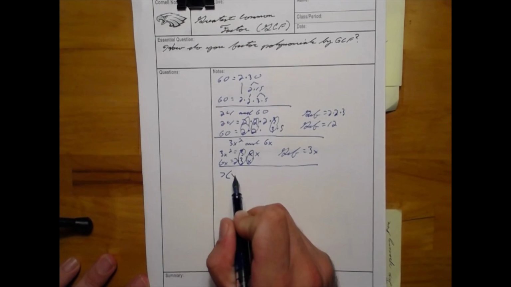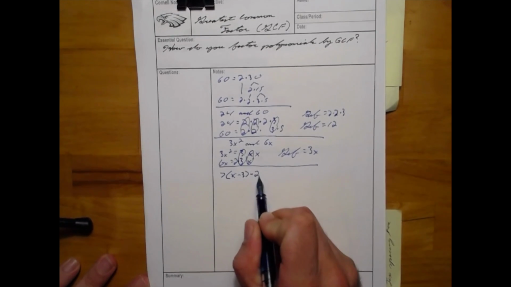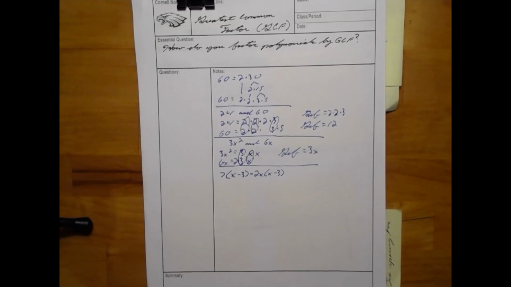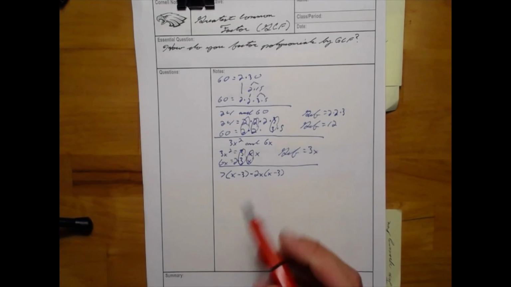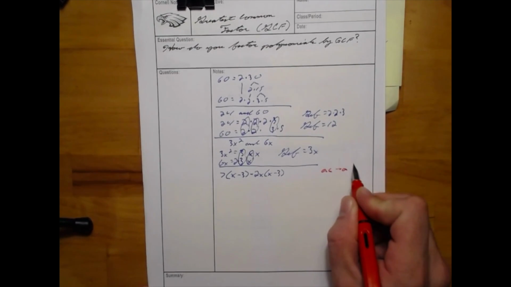Now, looking at how this is working, if I was to have something a little more sophisticated, like 7 times the difference of x and 3 minus 2x times the difference of x and 3, it seems to be much more difficult in how it's set up. But this is no different than if I had a times c minus a times b.